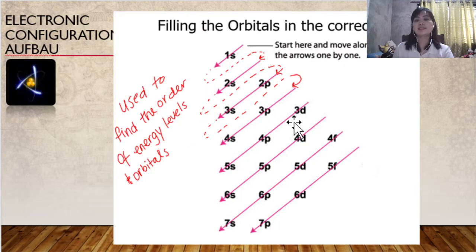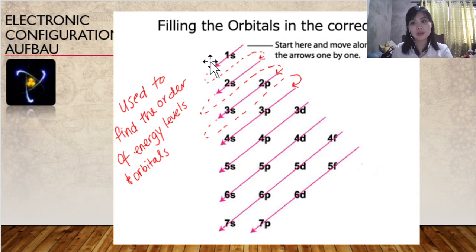Okay, next, how to fill in the orbitals in the correct order. We have to start here and move along the arrows one by one. Check 1s and then follow to 2s. After that, is it 3s right away? No. You have to go with 2p and then 3s. 4s right away?